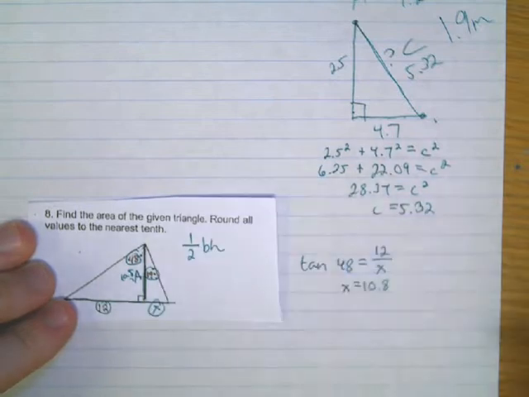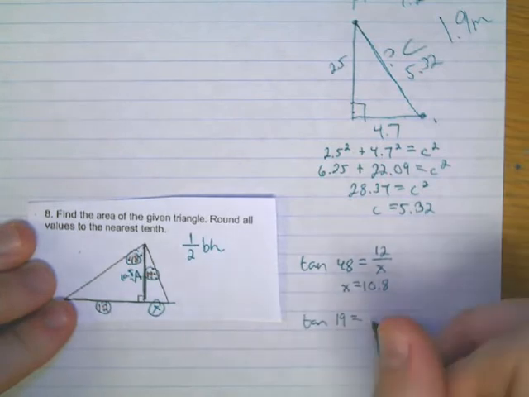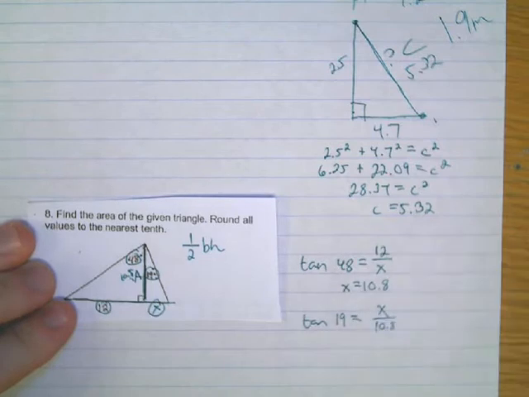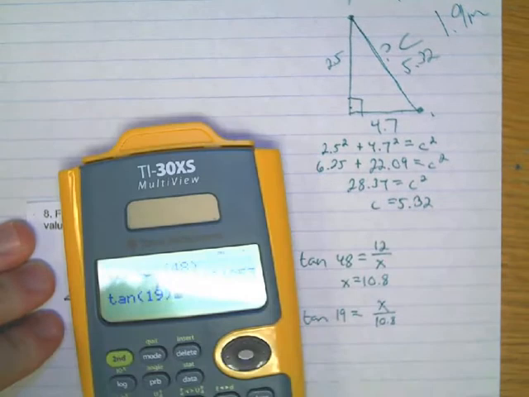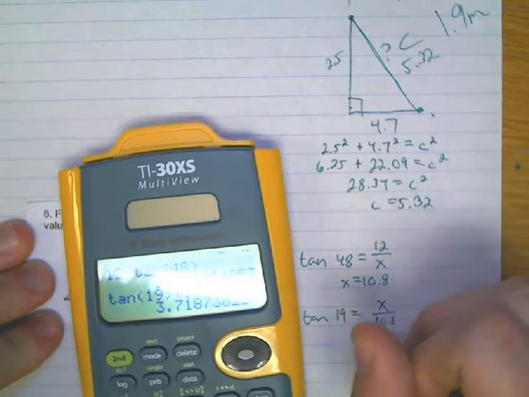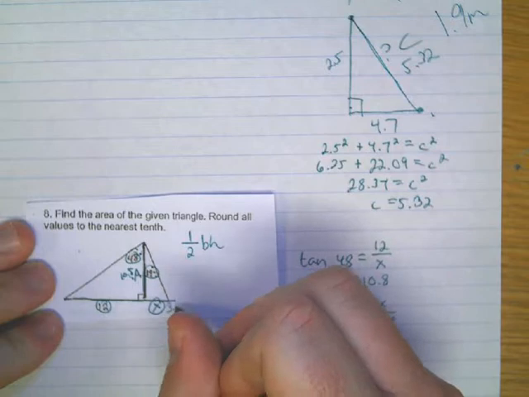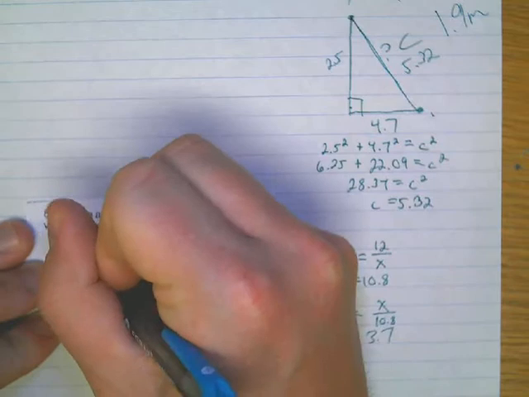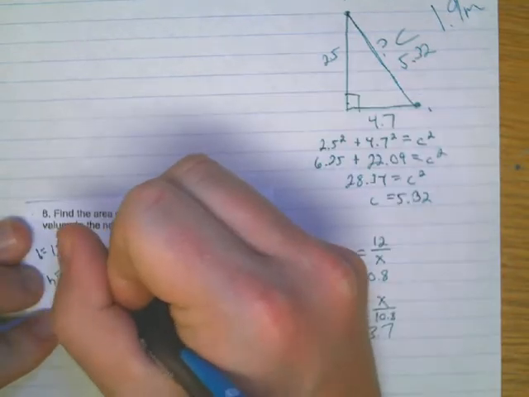Tangent of 19 equals, this time, x over 10.8. Tangent of 19 times 10.8, we end up with 3.7. So that means that's 3.7, making the whole base 15.7 plus 3.7.